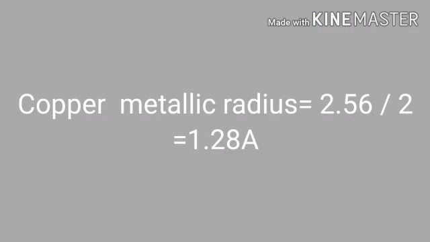Copper metal interatomic distance is 2.56 angstrom. So, metallic radius is equal to the interatomic distance divided by 2, that is 2.56 divided by 2, equal to 1.28 angstrom. So, copper radius is equal to 1.28 angstrom.